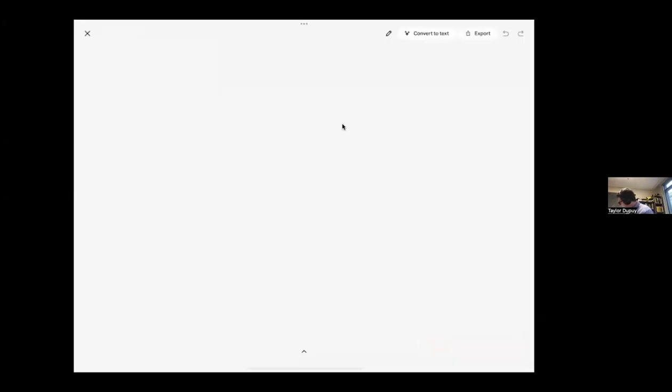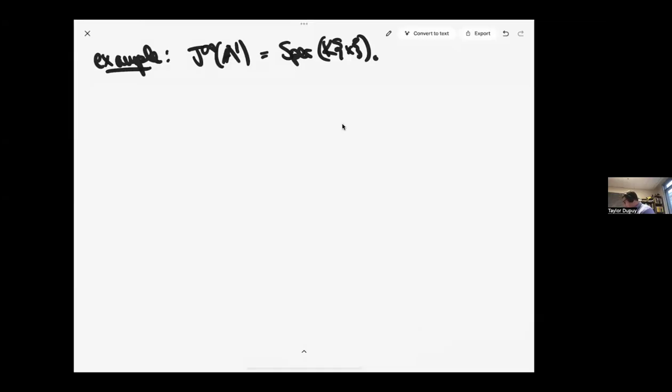Okay, so let me do this by an example. If we look at J infinity of A1, this is spec of K of X, with all its derivations on it. It's just the differential polynomials in one variable. So this thing here is K of X, X prime, X prime prime, and so on.